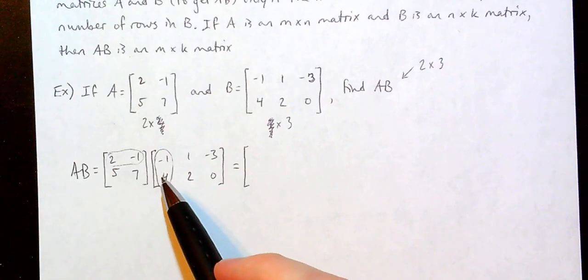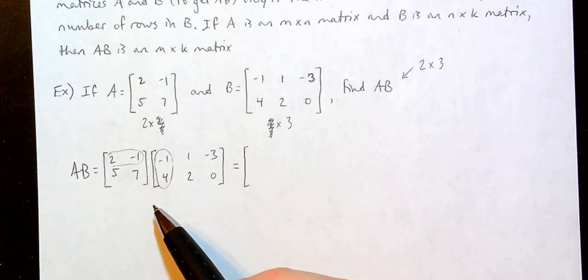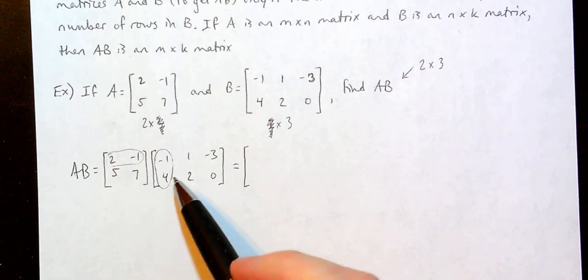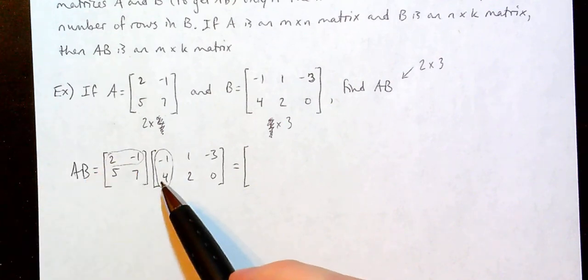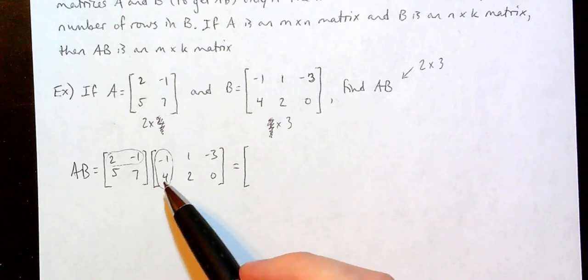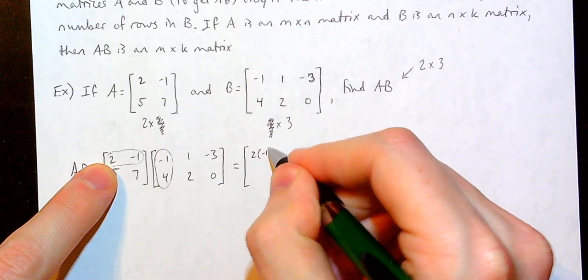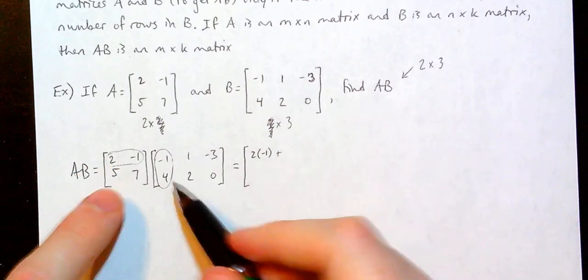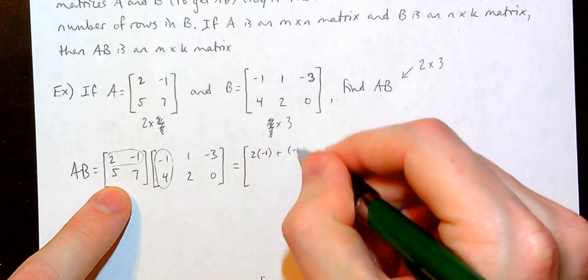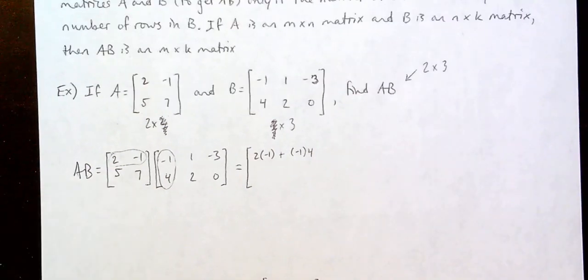If you've ever heard that phrase before, linear combination, we're taking products and then we're adding up those products. But I'm doing 2 times -1 plus -1 times 4. That's the entry in the first row, first column. We're going to do this same kind of thing for the other 5 entries in this matrix. Then we'll add all these things up at the end.